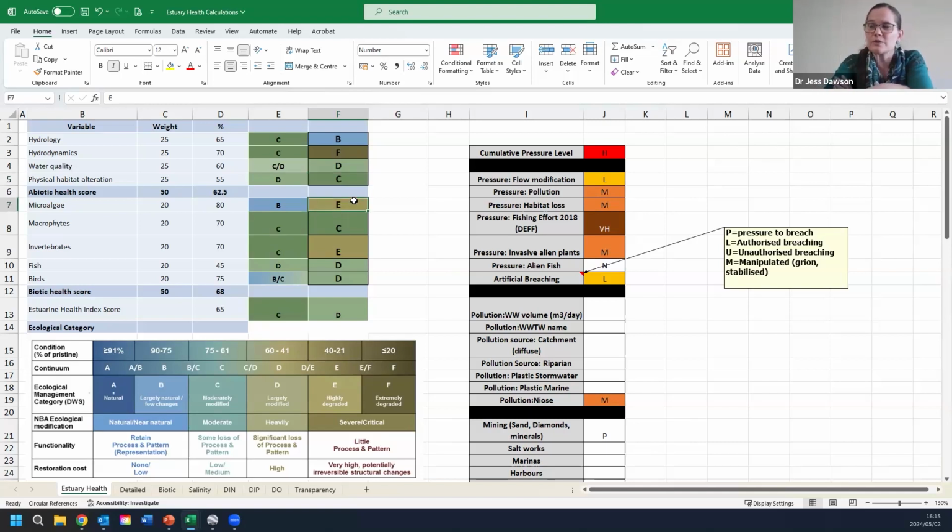Interestingly, the microalgae, they've got an E, where you gave it a very near natural category. Again, the reasons for this is likely due to those alterations in the salinity. So we don't have a high pollution pressure, but when you have salinity that increases that much, you get some of these algal blooms where you get the species that are resilient to salinity change.